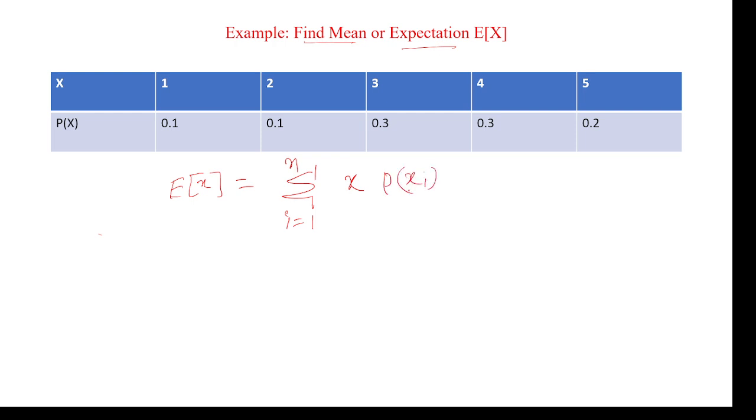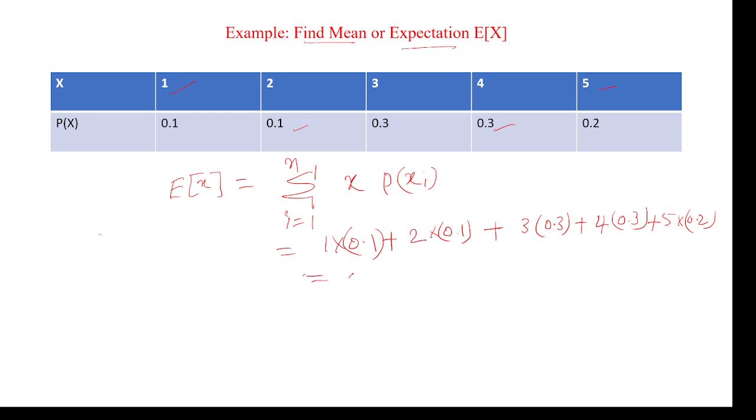So this can be written as: x value 1 multiplied with 0.1, plus x value 2 multiplied with 0.1, plus x value 3 multiplied with 0.3, plus x value 4 multiplied with the corresponding probability 0.3, plus x value 5 multiplied with the corresponding probability 0.2.